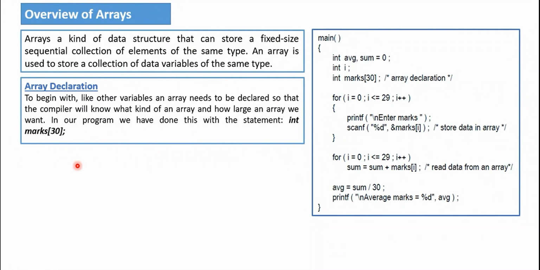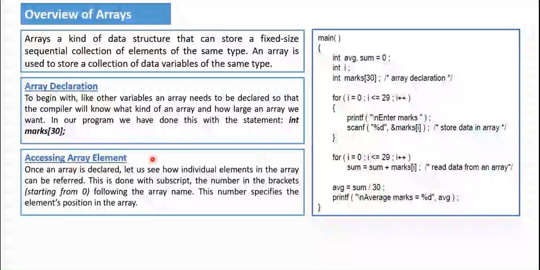Next is accessing array elements. Once an array is declared, let us see how individual elements in the array can be referred to. This is done with a subscript, the number in brackets starting from 0 following the array name. This number specifies the element's position in the array.